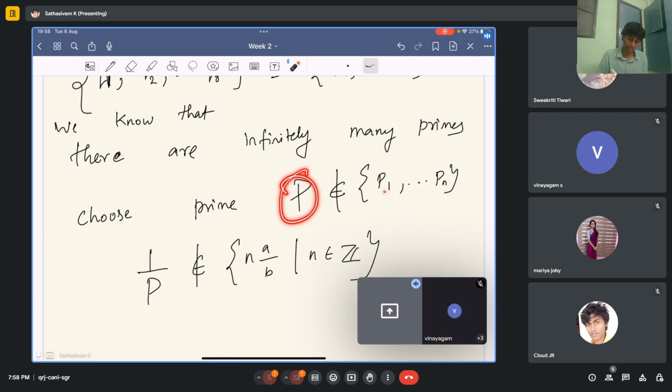But this prime is not inside that, so this element cannot be inside this.